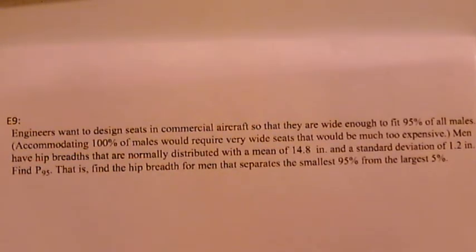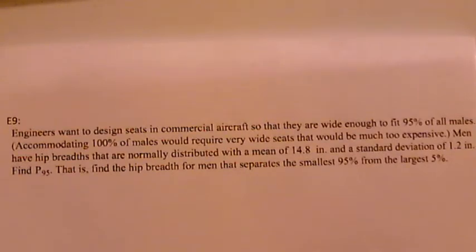Accommodating 100% of males would require very wide seats that would be much too expensive. Men have hip breadths that are normally distributed with a mean of 14.8 inches and a standard deviation of 1.2 inches. Find P95. That's the 95th percentile, meaning you want to find the hip breadth for men that separates the smallest 95% from the largest 5%.